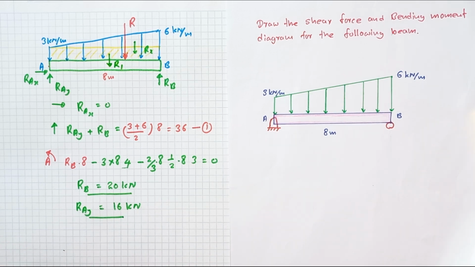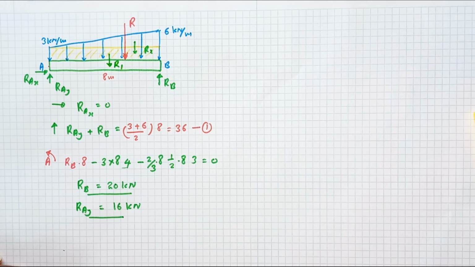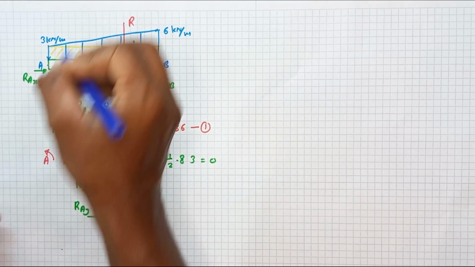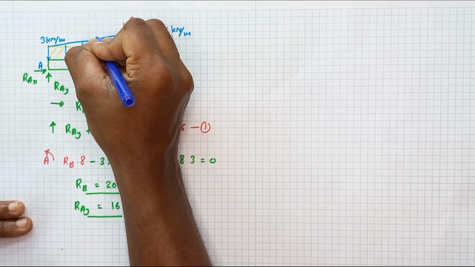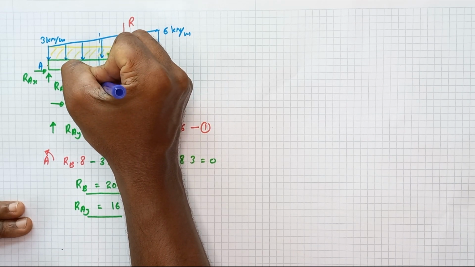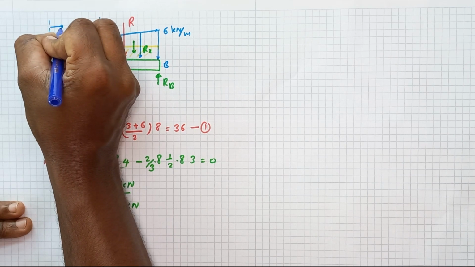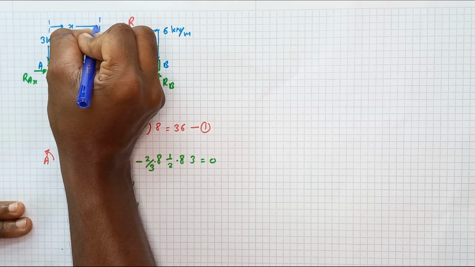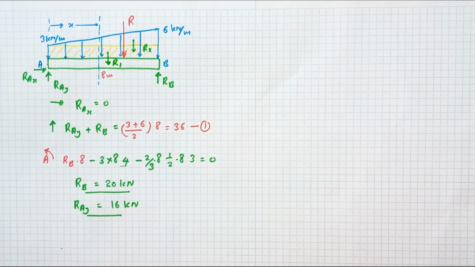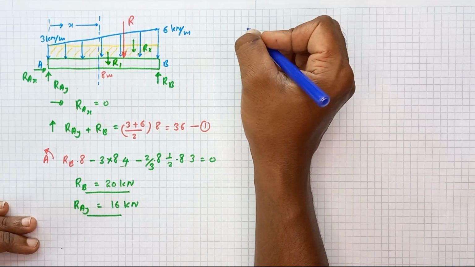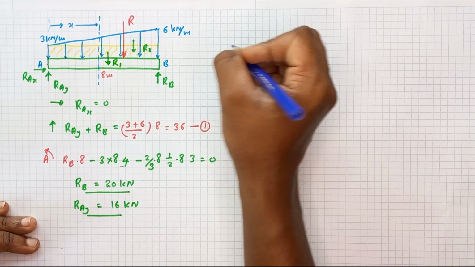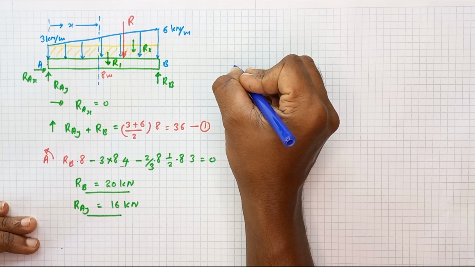In order to find the shear force equation and the bending moment equation, I am going to section this beam at a distance x, somewhere here, x distance from A. Okay, let me draw the free body diagram for the separated beam part.